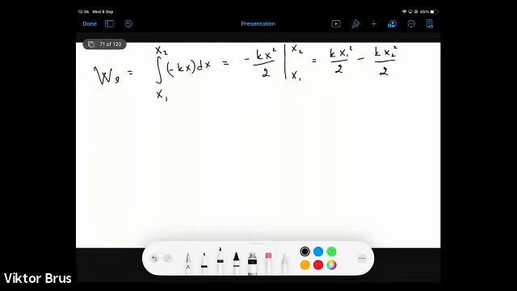So this is the general equation for the work done by a spring force, which is a function of position x. Okay, I think that now we should proceed further. We introduced work already, and we can now start with kinetic energy.